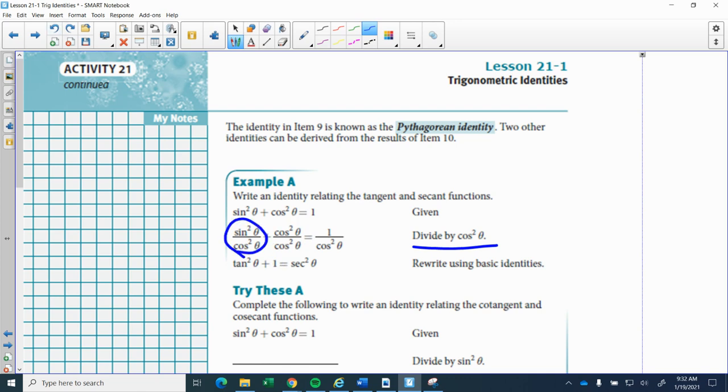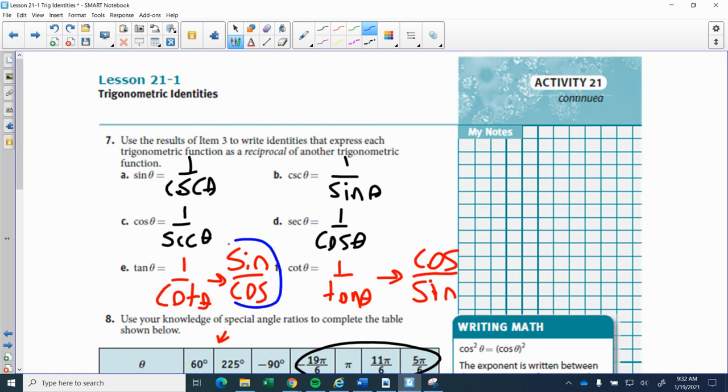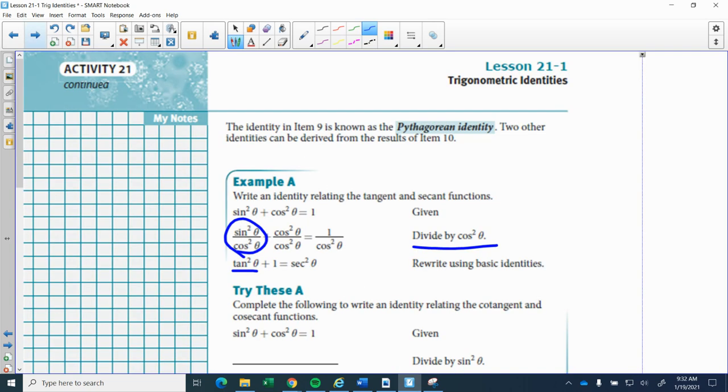Sine squared over cosine squared would come out to be tangent squared, because once again, that's our identity, right? See how that works? Okay. So I can change sine squared over cosine squared into tangent squared.